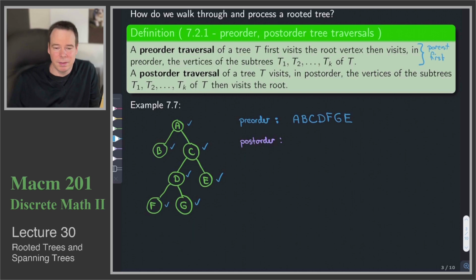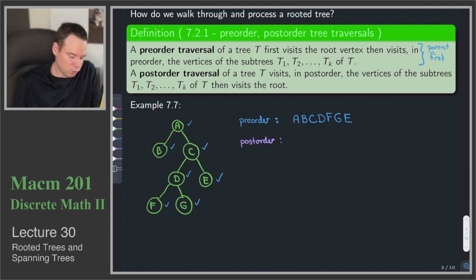Kind of think of this as like the air mask coming down, or the oxygen mask coming down from above the seats in an airplane. You're instructed to always, parents put on theirs first before the children. So preorder traversal is like the oxygen masks on an airplane. Parents are first. What about postorder traversal? Postorder says you visit the subtrees first and then the root after.